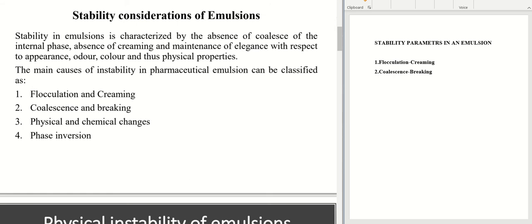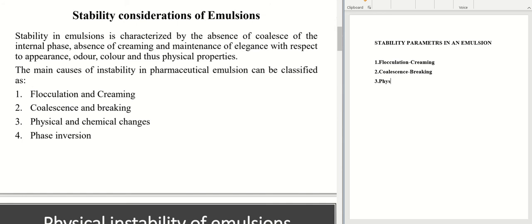Coalescence is a phenomenon of the fusion of all the globules to form a larger globule, and then a complete separation of two different phases occurs that results in breaking of an emulsion. It is an irreversible phenomenon. Breaking of an emulsion is an irreversible phenomenon in which complete separation of the oily phase and the aqueous phase is seen.